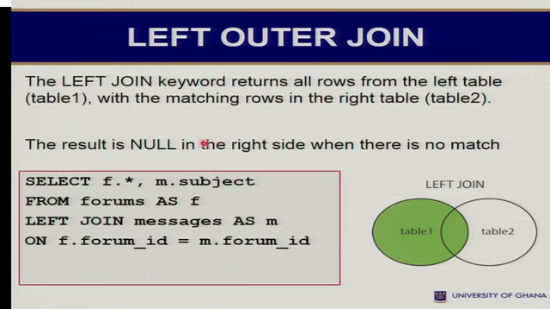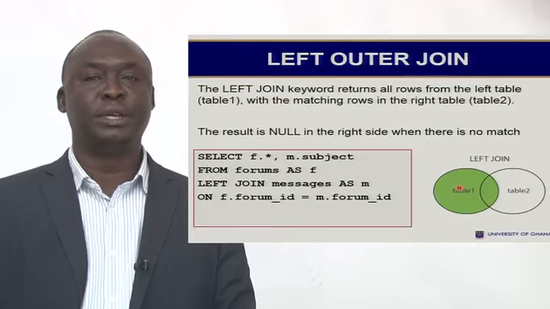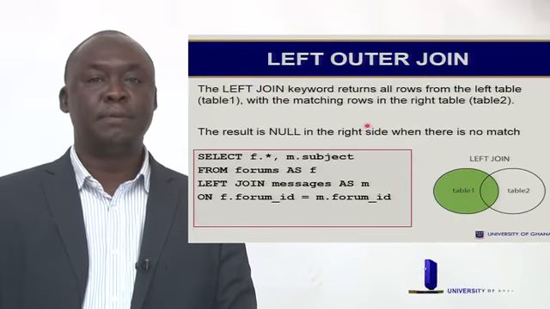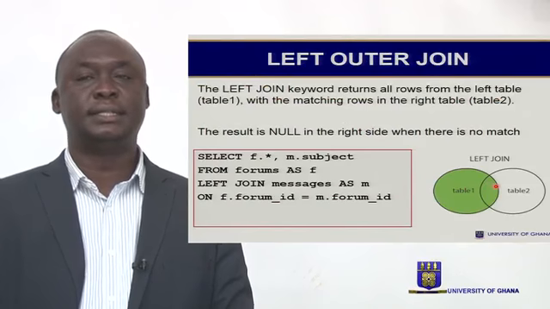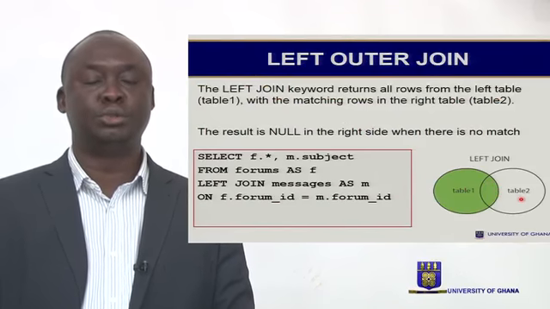So look at this. What is happening is that, assuming this is table 1 and this is table 2, you are applying your left join. The left join means that for the first table on your left, all the data are going to be returned, plus the data that is intersecting with table 2.